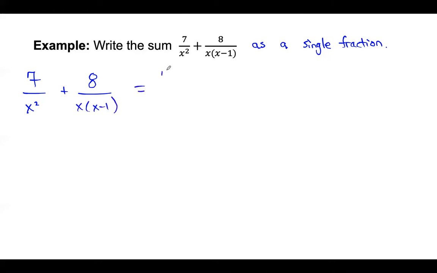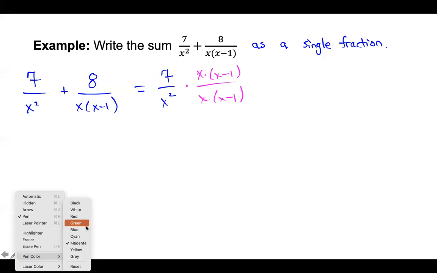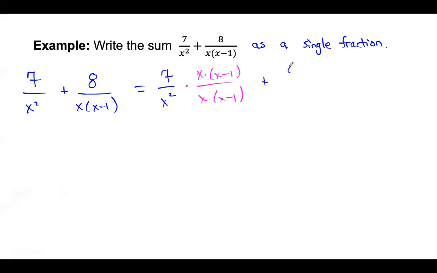So the first thing we do is 7 divided by x squared. We want to multiply it by a number that's equal to 1. So x times x minus 1 divided by x times x minus 1. And we know that this equals 1. The next part is 8 over x times x minus 1. We want to multiply that. So we're going to multiply it by x squared divided by x squared.